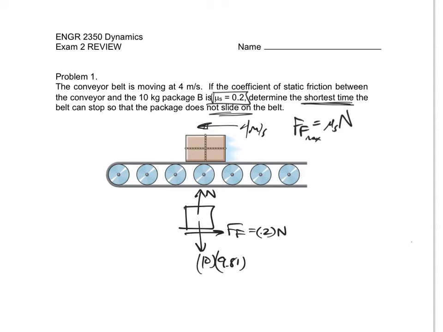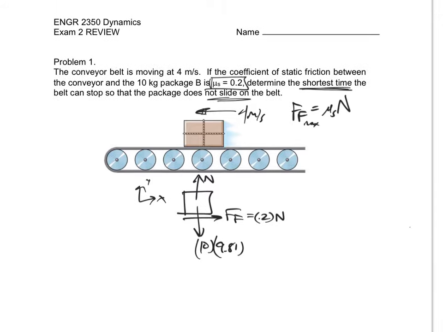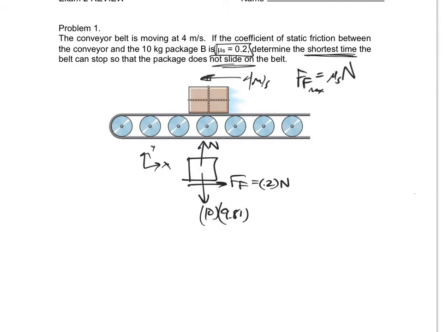Remember, this is problem number 1. This is like a kinetics problem, where we're drawing a free body diagram and summing the forces equals mass times acceleration. If I'm calling this x and this y, then I can sum the forces. I'm going to do y first.